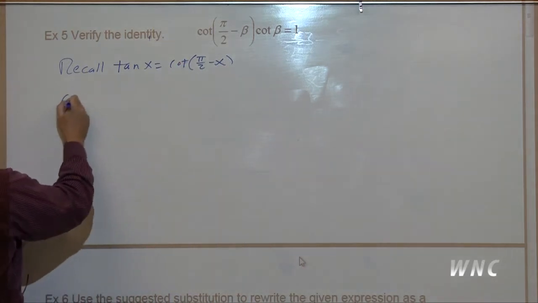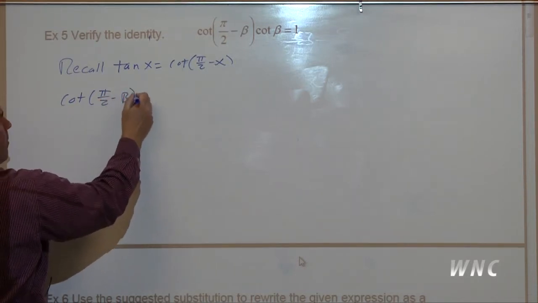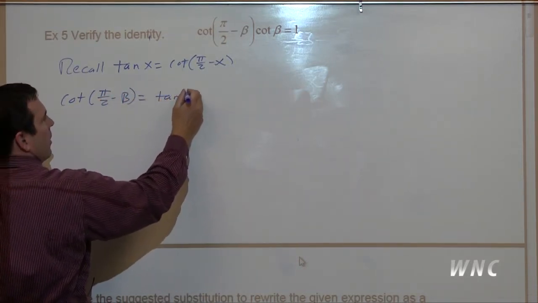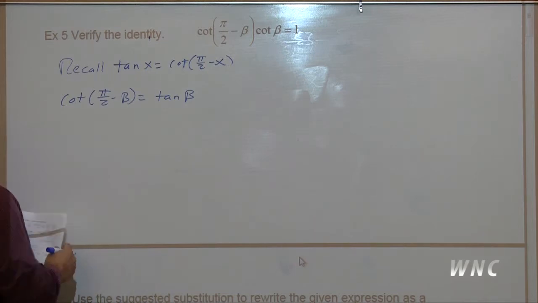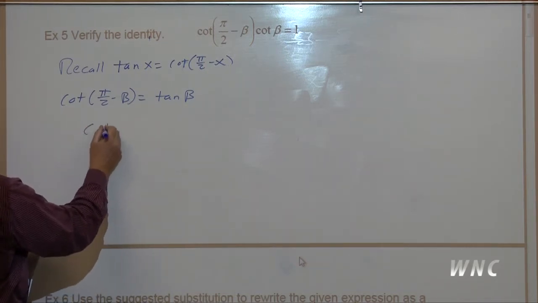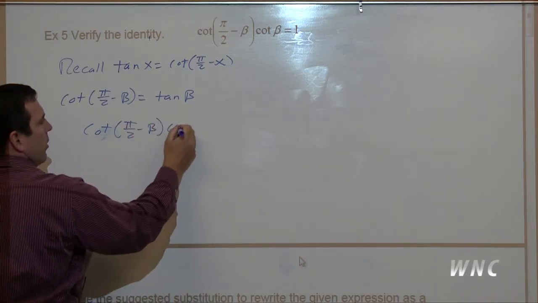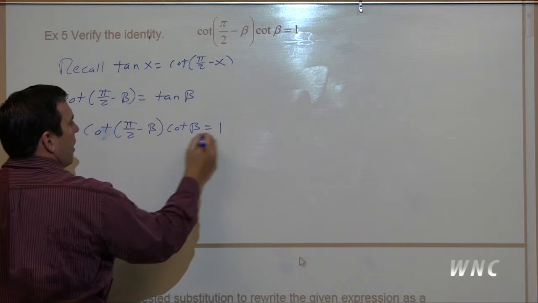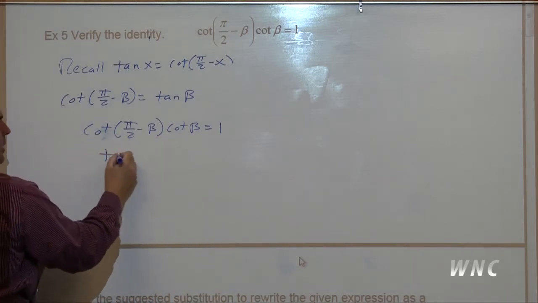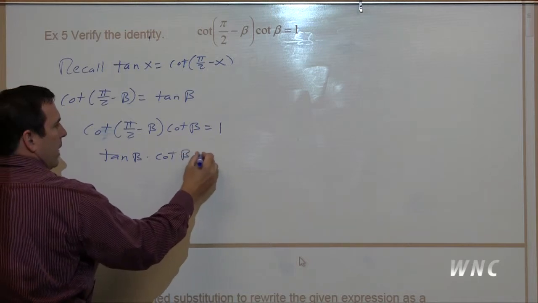So we can conclude that cotangent of pi over 2 minus beta must be tangent of beta. So what we have then is tangent of beta times cotangent of beta equals 1.